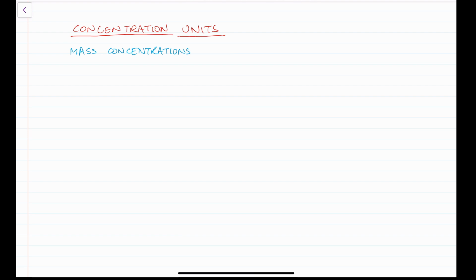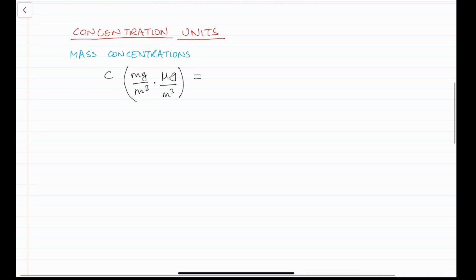Mass concentrations are usually denoted by C, and these could be milligram per meter cubed, these could be microgram per meter cubed, so concentration is mass over volume.